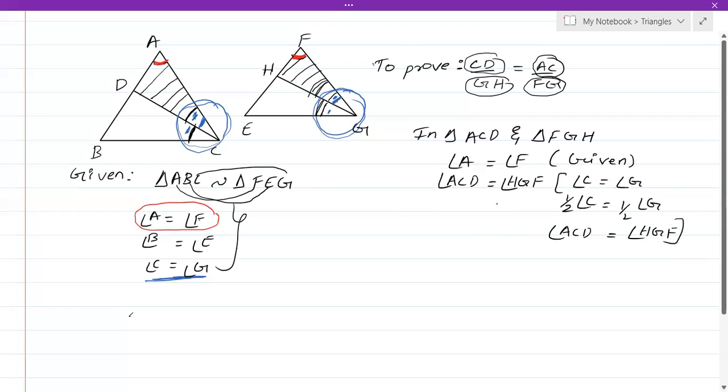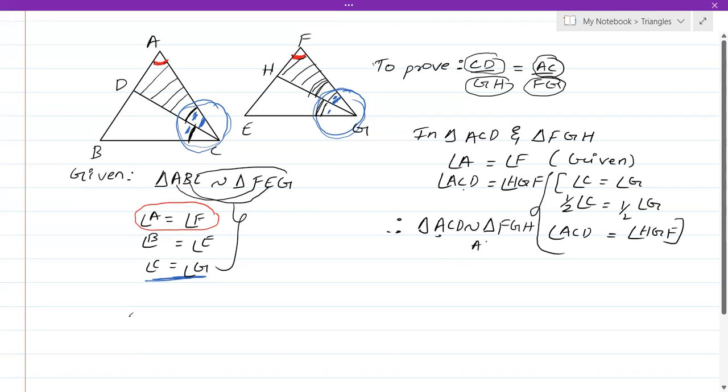This is the reason. Therefore, if two angles are equal, we can tell the triangles are similar. Triangle ACD is similar to triangle, and we have to be very careful to write the corresponding parts. A is equal to F, so A is in the first position and F comes in the first position. And angle C is equal to angle G, so G comes here, H comes here.